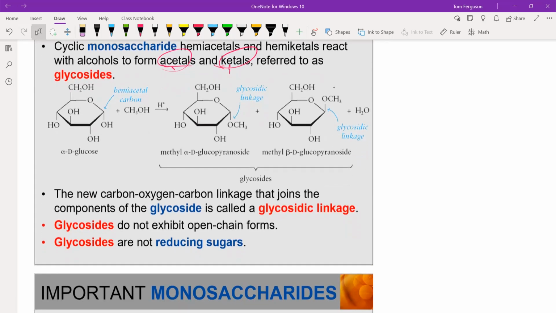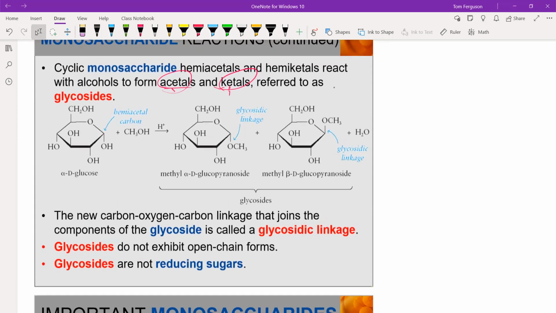Okay. Now we're going to get into the concept right now of something called a glycoside. A glycoside. Okay, so that's the anomeric carbon for glucose. We have OCO, we have an OH, and we have a hydrogen there. So that is a hemiacetal.